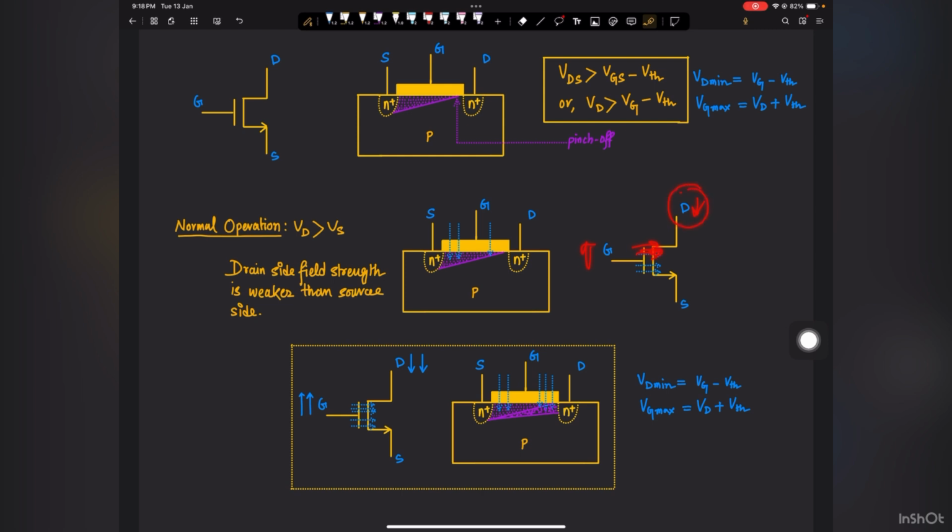So there is a limitation on how low the drain potential can go, and there is a limitation on how high the gate potential can go. So if you can understand this, then definitely you don't have to remember all these things. You can instantly, looking at the symbol, recall the equations.